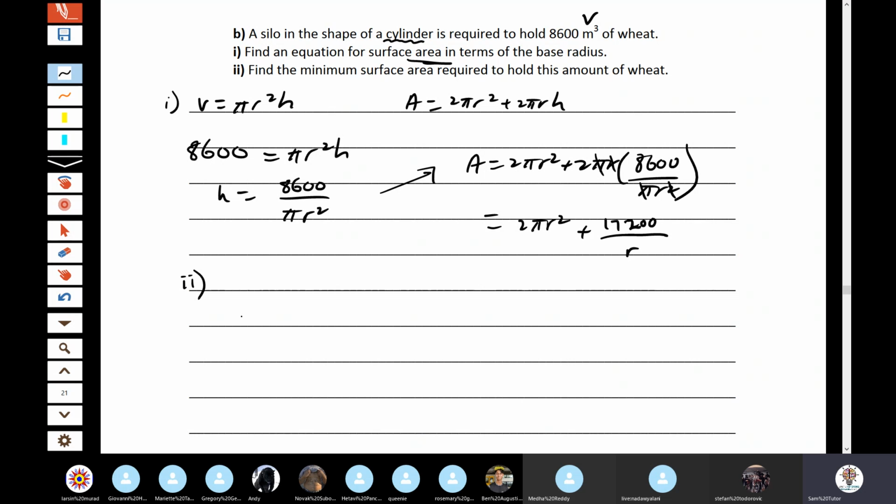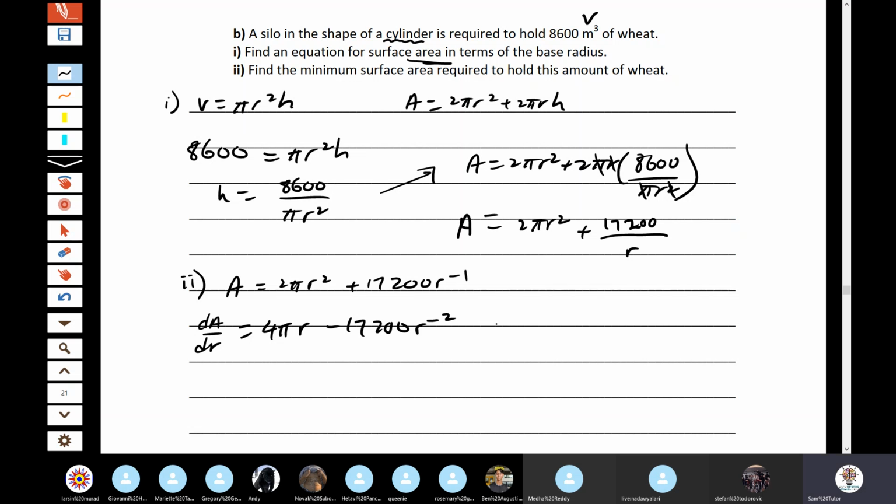What's the only thing I don't like about A before I start? I don't like that r in the denominator, exactly. So let's just fix that up, and I think happy days. dA/dr equals 4 pi r minus 17,200 r to the negative 2.